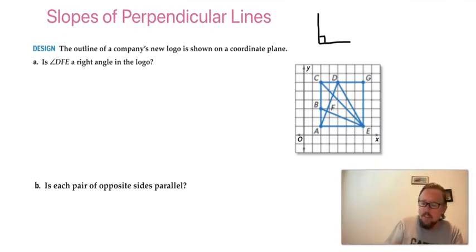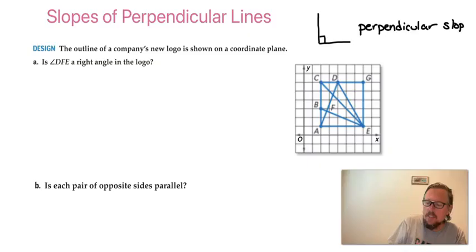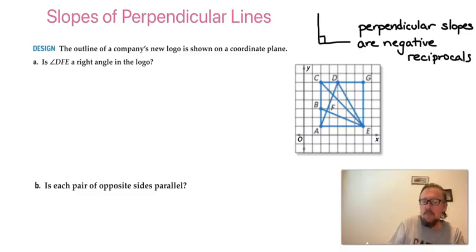And perpendicular lines, or perpendicular slopes, are negative reciprocals. And we've talked about reciprocals before. Reciprocals just mean we take the number and we flip it.